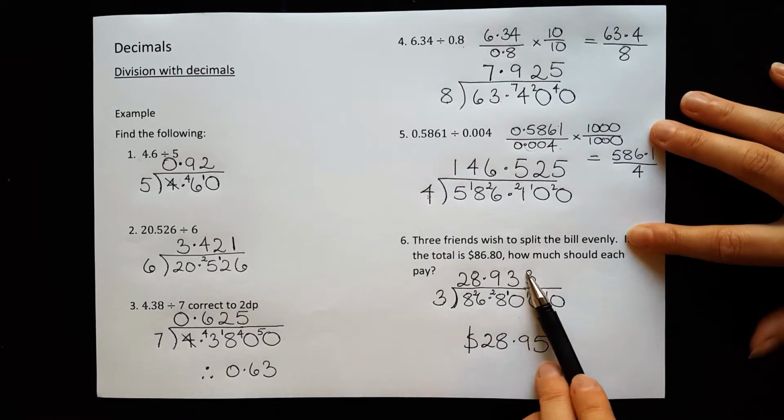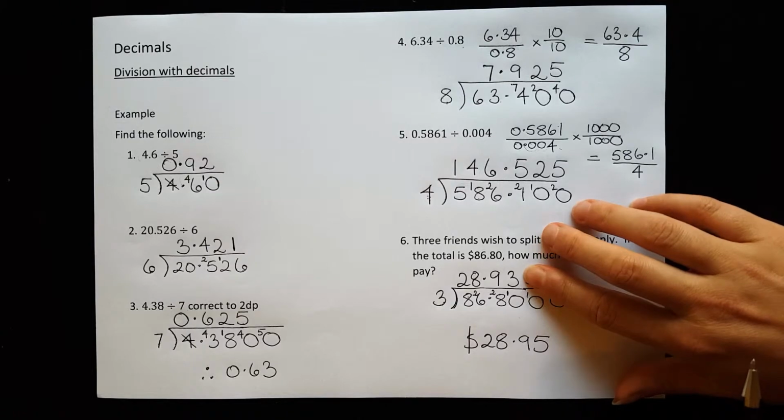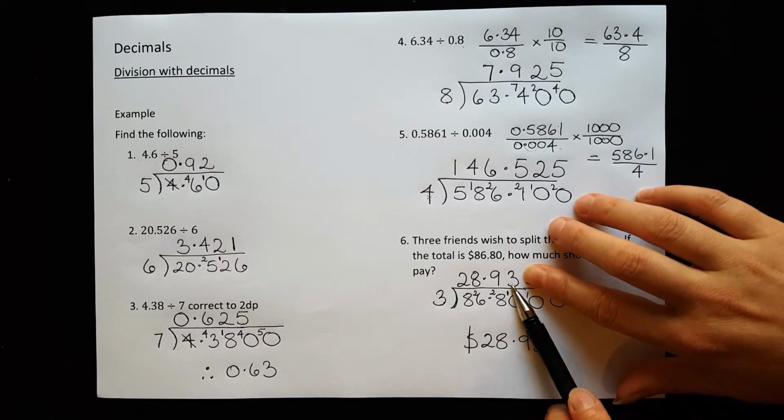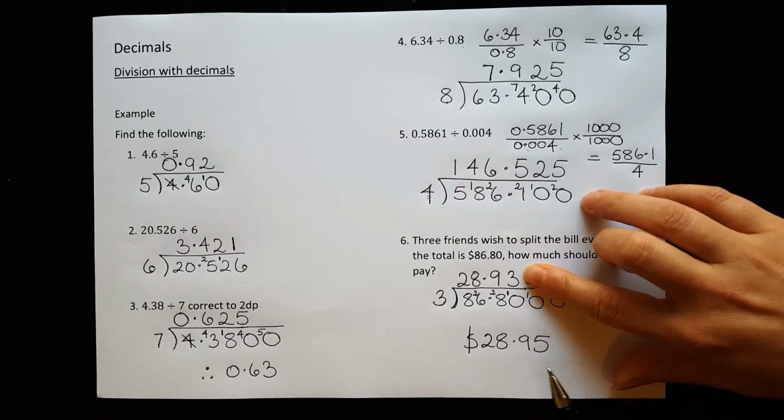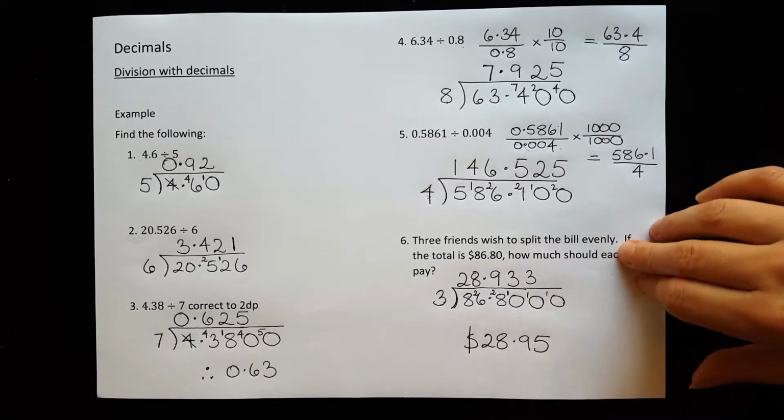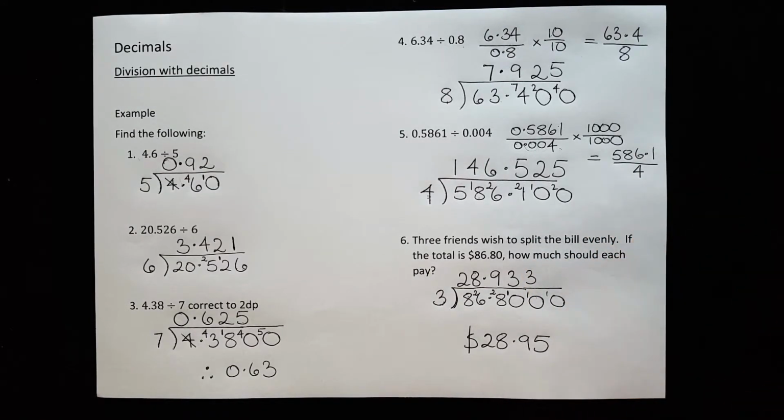Okay, if we round it down to 93, it actually wouldn't quite be enough to cover their $86.80. And here in Australia, we pay in lots of 5 cents. So $28.95 would be the answer. All right, time for you to have a practice.